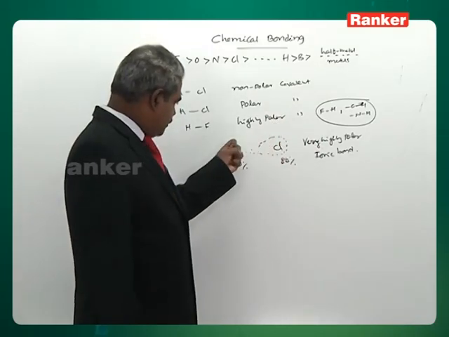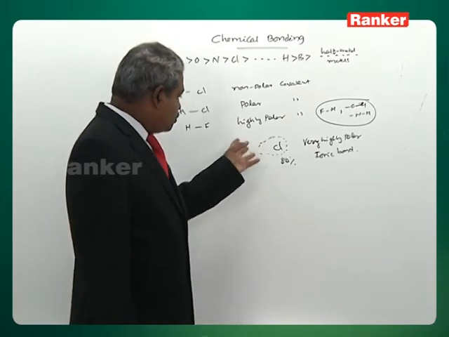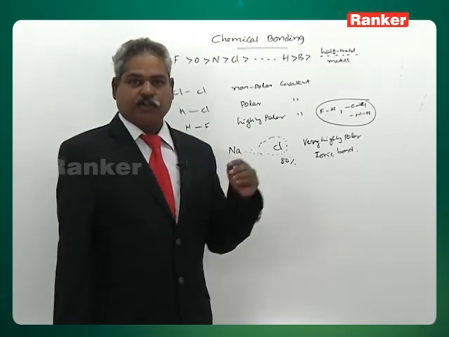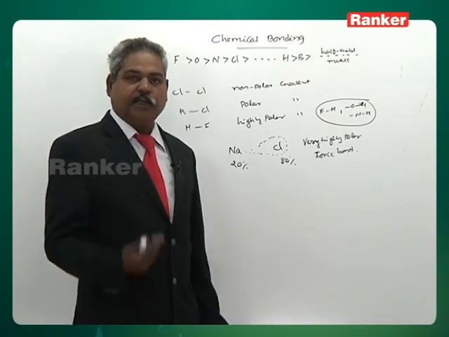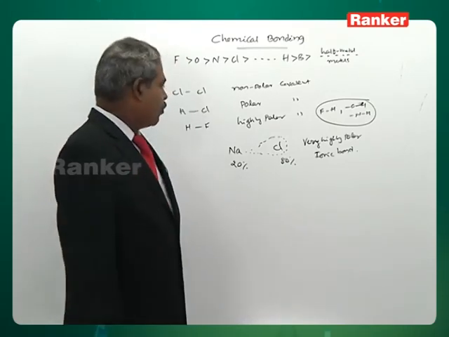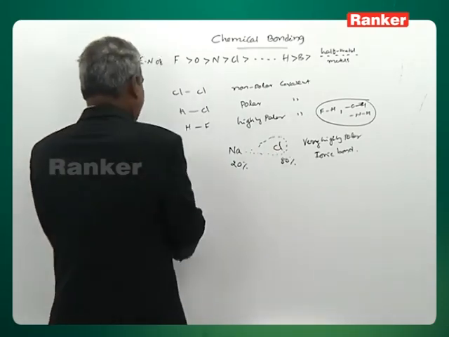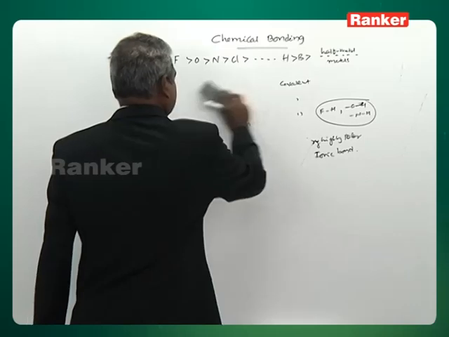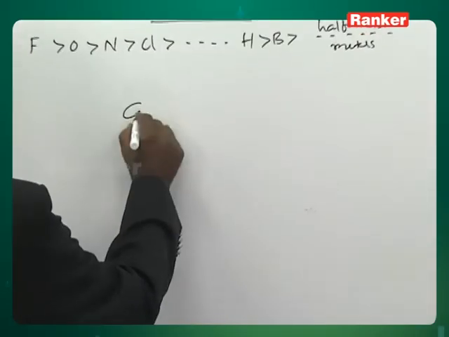Some of the charge will still be attracted towards this Na plus also. Depending on the percentage of charge transfer, you can decide whether something is highly ionic or highly covalent or highly polar. Okay, this is it. So, classification: covalent bonds are 4 types. Covalent bonds.